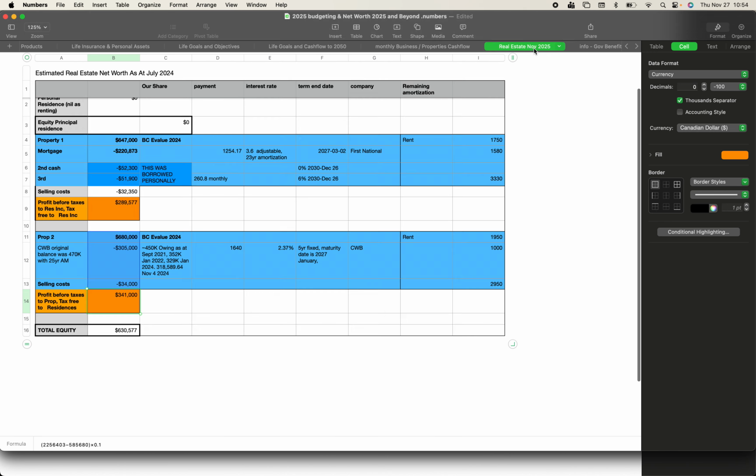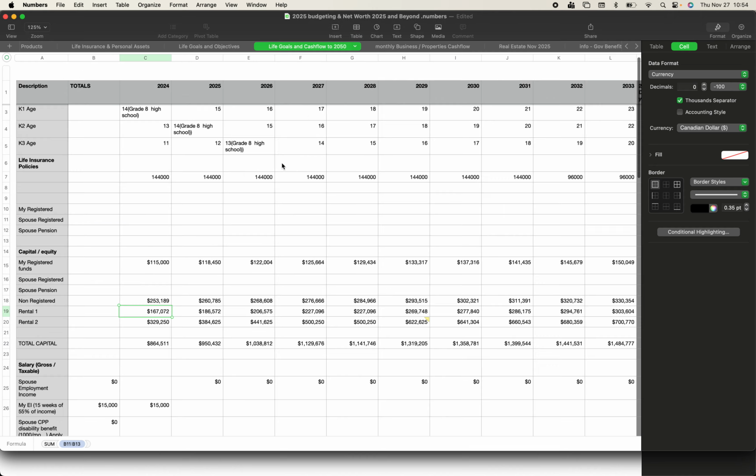The numbers don't exactly match. 290 and 340. So we can amend that. 290 and 340. So we'll just carry those forward.